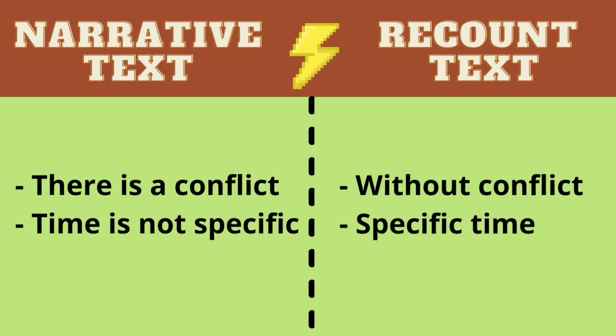On the other hand, the content of the recount text doesn't present a conflict and only describes the sequence of events that occur in detail. For the time when an event occurs in the recount text is known with certainty.